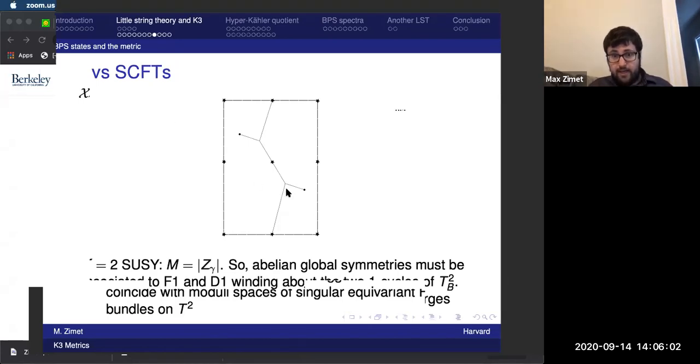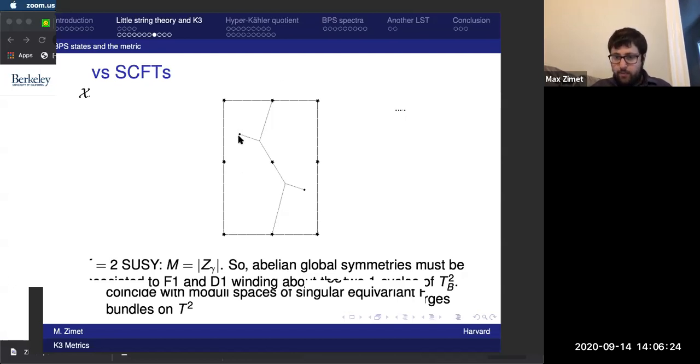So this is the Q equals 2 description of this orbifold. I'm just drawing the base, and the stars are the singular fibers. Because we have a Z2 orbifold, let's say only the left half of this picture is actually physical, and the right half is the Z2 image.